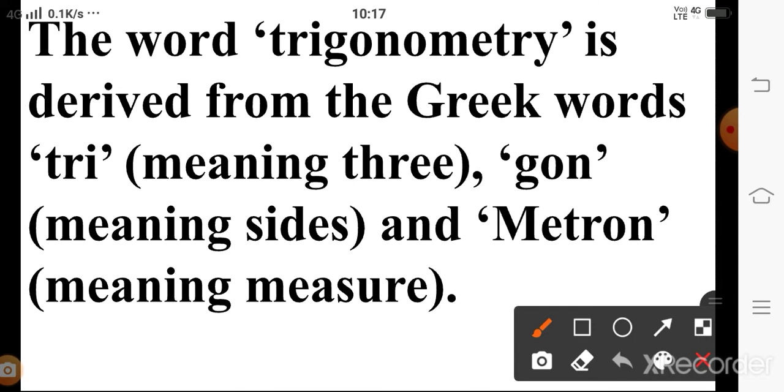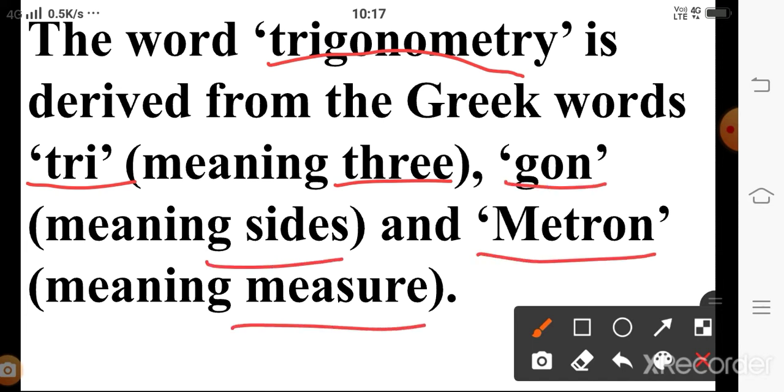And the word trigonometry is related to triangle. What do you know about a triangle? A triangle is a figure consisting of three sides, three angles, three vertices. For this reason we get trigonometry, which is derived from the Greek words: tri means three, gon means sides, and metron means the measure.